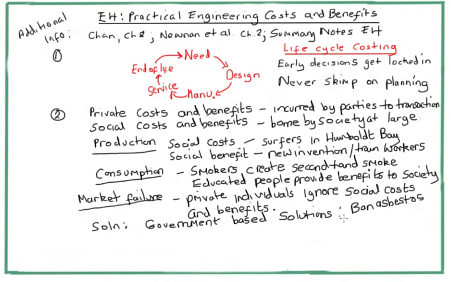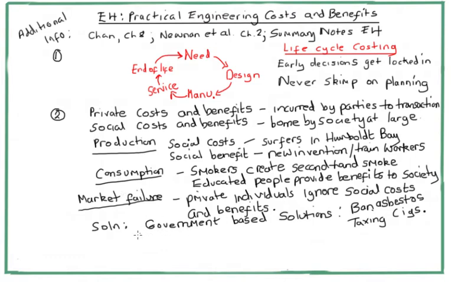More likely, you will see the government taxing, say, cigarettes. So the government decides to levy a tax that hopefully is sufficient to alter the incentives for people buying cigarettes so that they essentially incorporate the social costs of purchasing cigarettes.